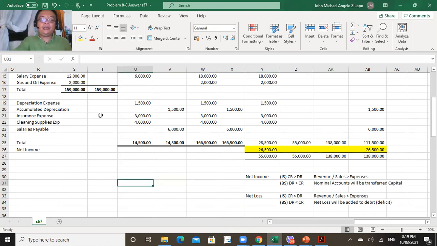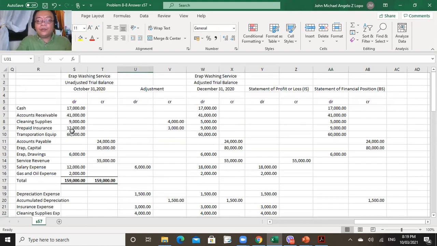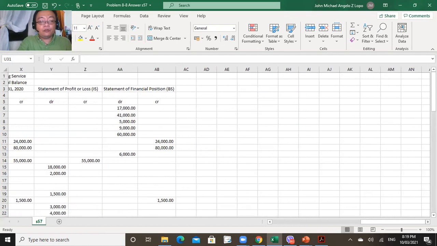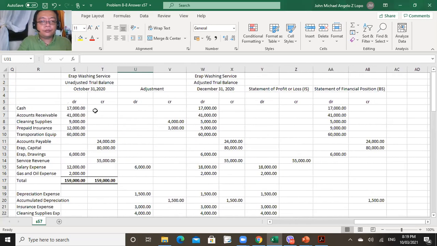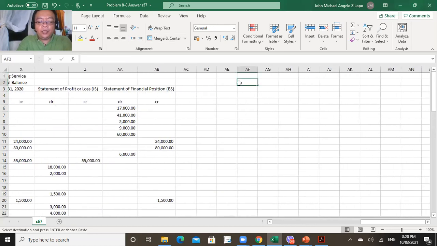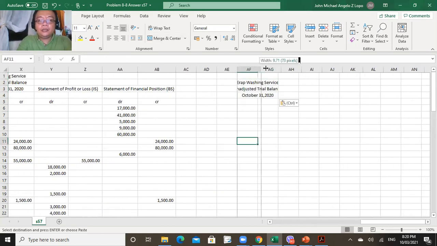All right. So after that, you can now prepare your statement of comprehensive income or statement of profit or loss. Take note of this.